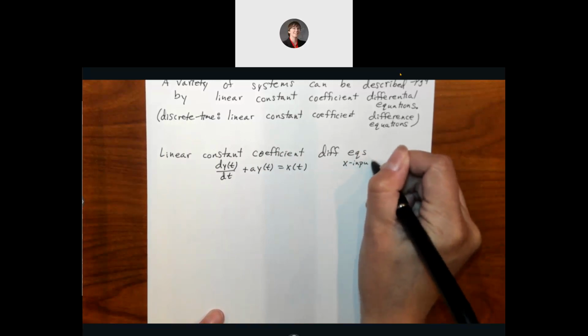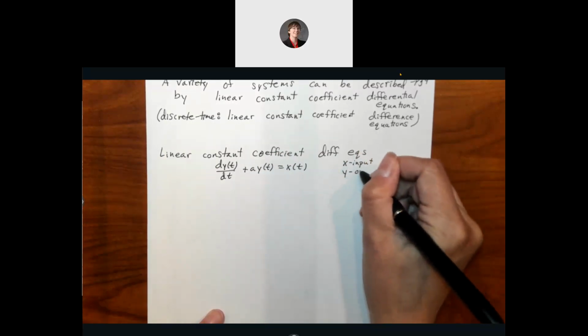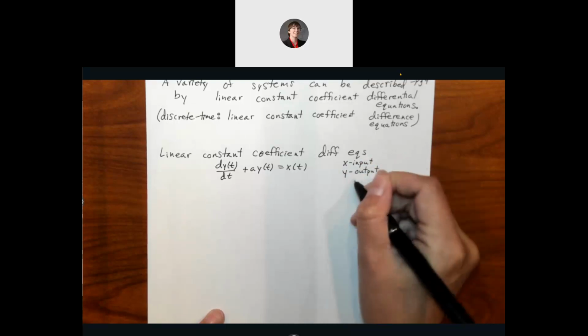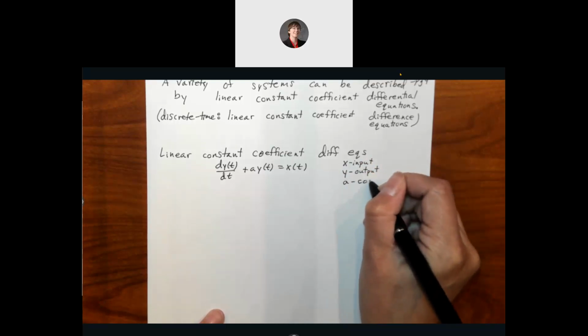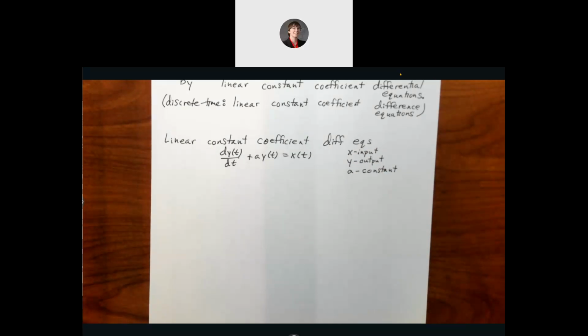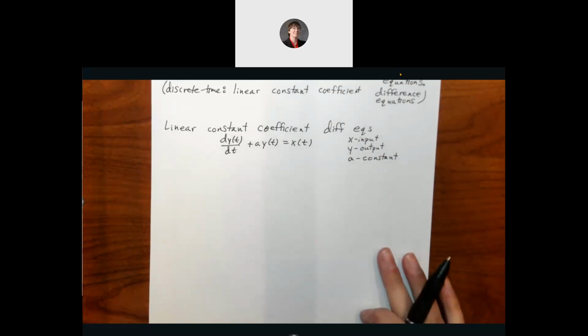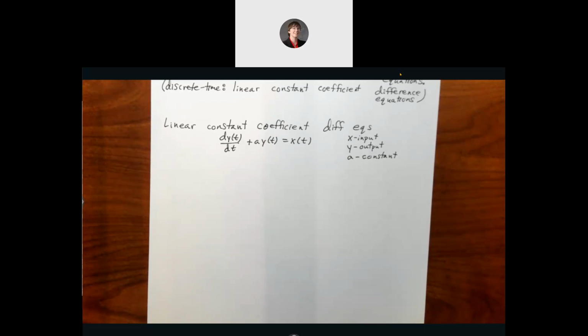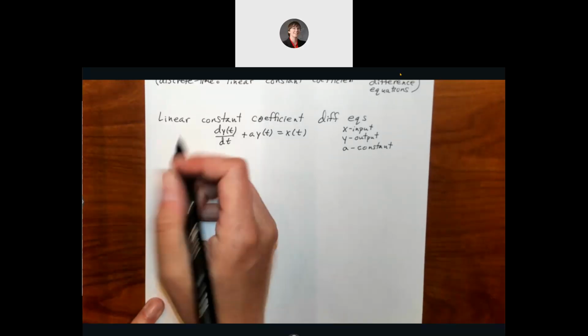Where we would say x is our input, y is our output, and then a is just some constant that describes that relationship. And you can extend this to higher order as well.